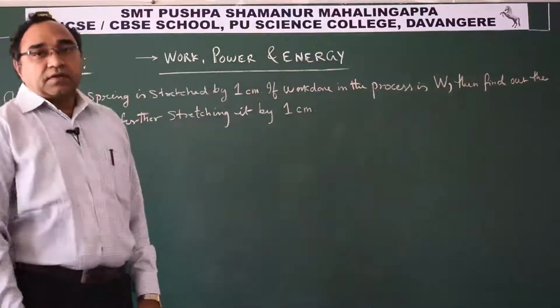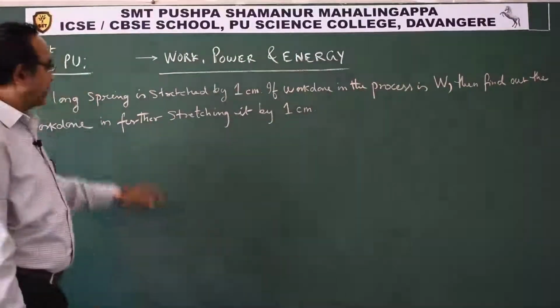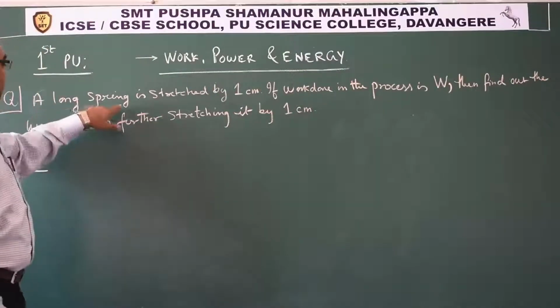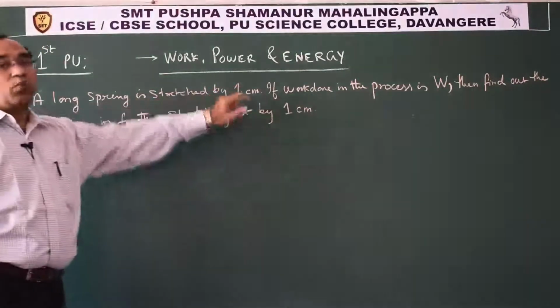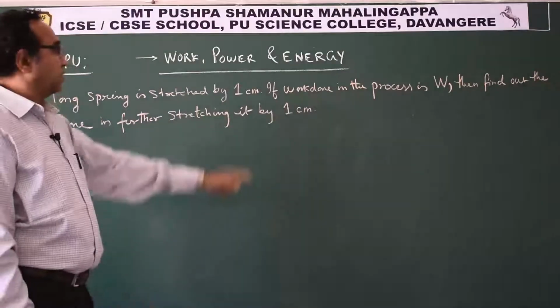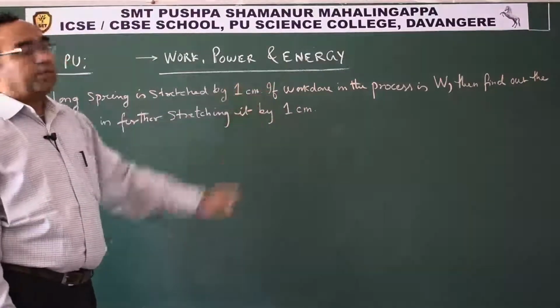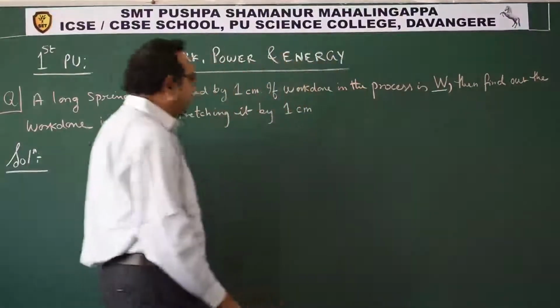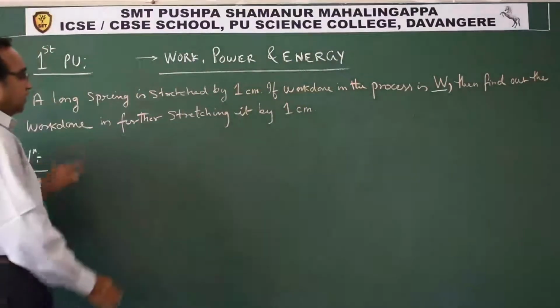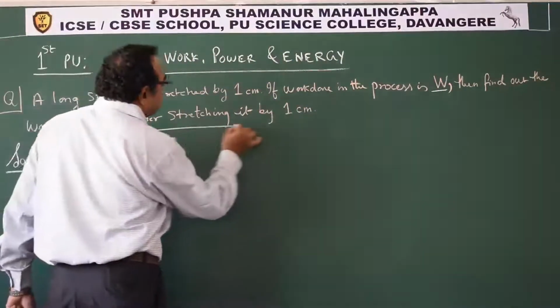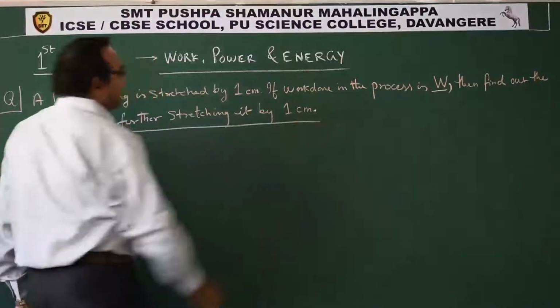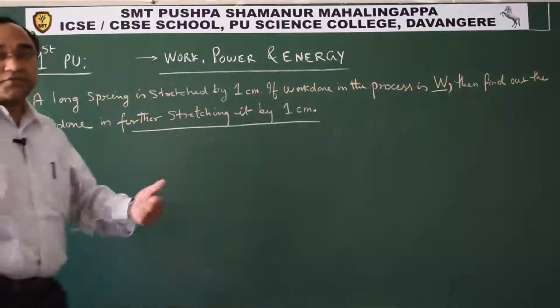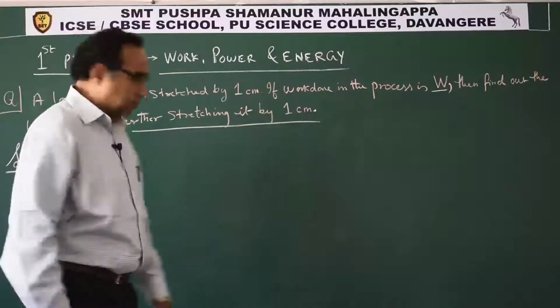Well student, the next question is like this. It reads this way: a long spring is stretched by 1 centimeter. If work done in the process is W, then find out work done in further stretching it by 1 centimeter. Okay.